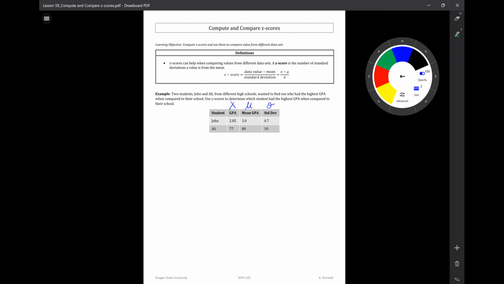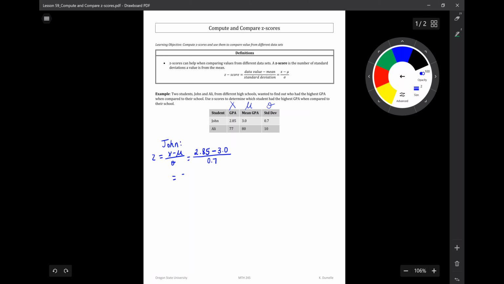So let's calculate how far John's GPA is away from the mean. How many standard deviations away is it? If we look at John, his z-score is equal to x minus mu divided by sigma. His GPA is 2.85. The mean GPA, that's mu, is 3. And the standard deviation is 0.7.